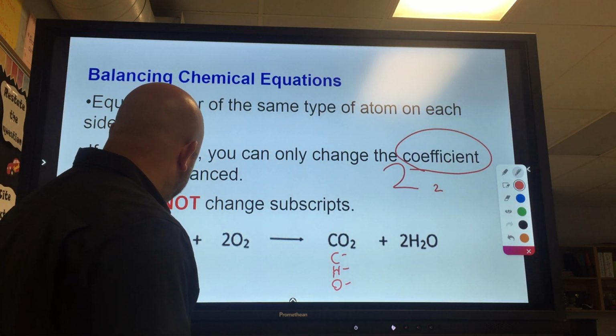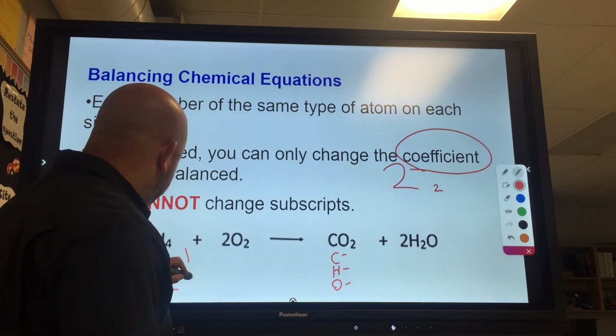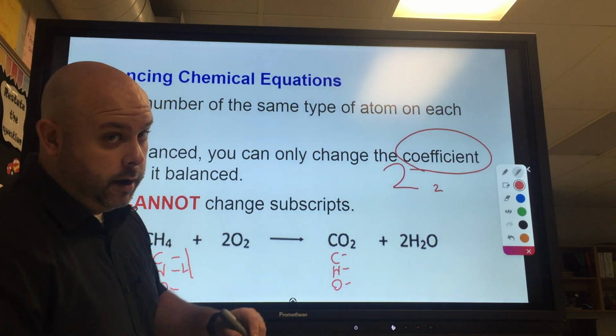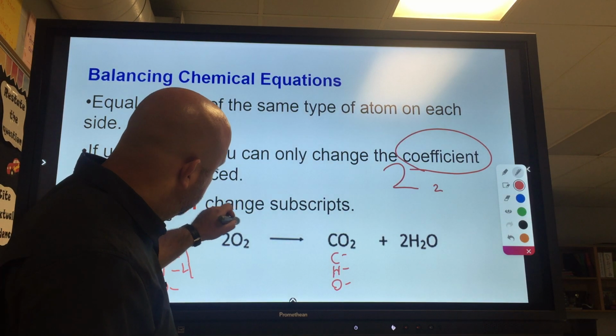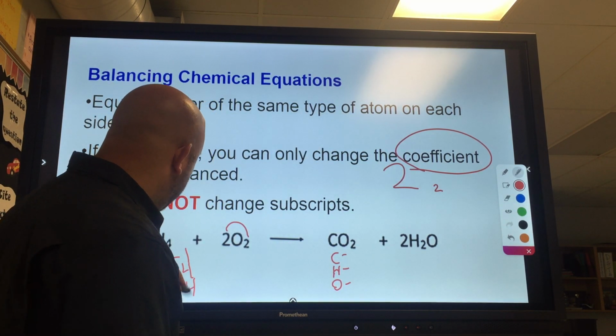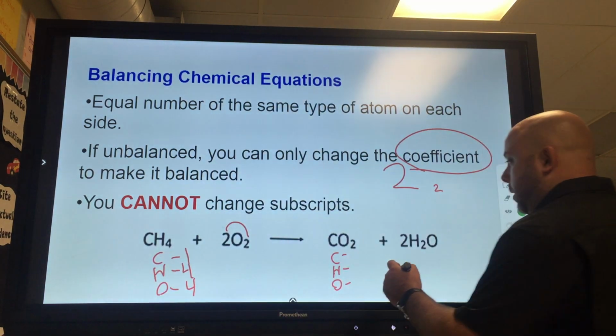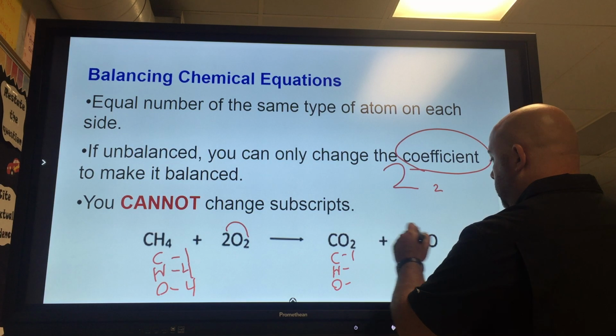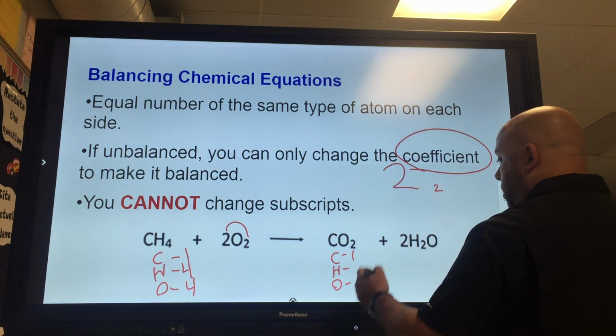So over here we have 1 atom of carbon. We have 4 atoms of hydrogen, and we have, remember how to do this? You take that coefficient, you multiply it into the subscript. Now we have 4 atoms of oxygen. Same thing on this side. Carbon, 1. Oxygen, 2. 2 times 1, 2.